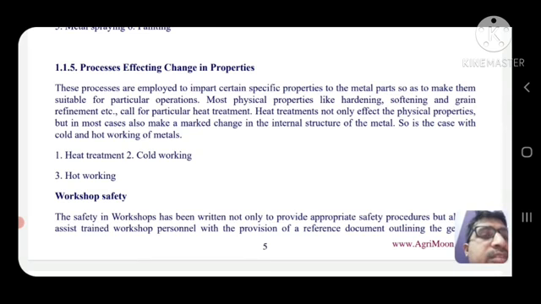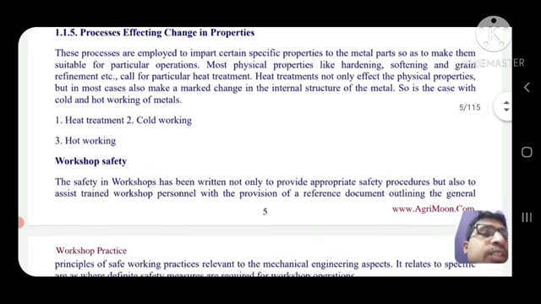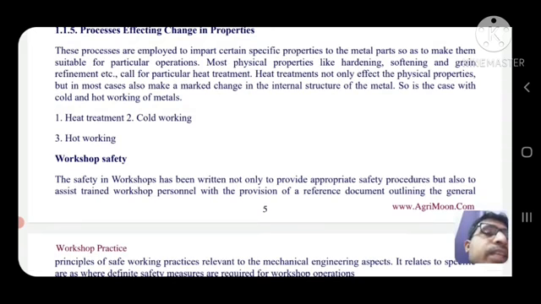Heat treatment not only affects the physical properties but in most cases also makes a marked change in the internal structure of the metal. So is the case with cold and hot working of metal. Heat treatment, cold working, and another one is hot working.